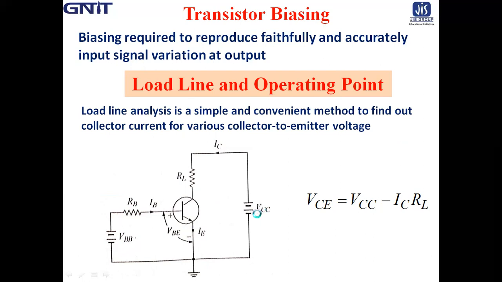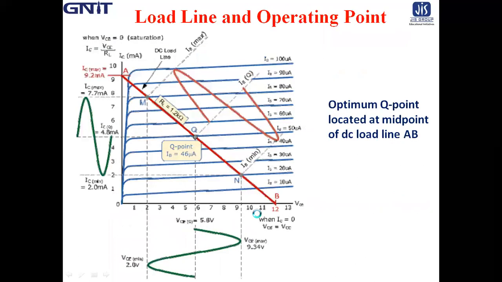And this is the output characteristics curve, that is collector current IC versus VCE, the collector to emitter voltage.